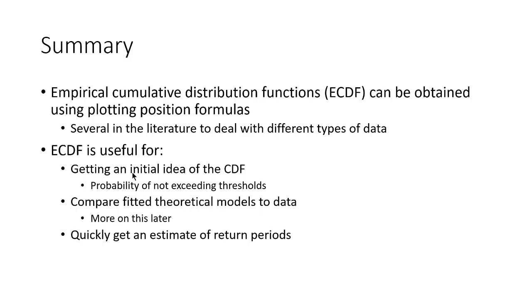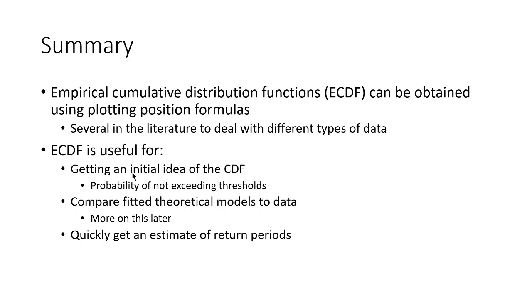So statisticians have developed theoretical distribution functions to model various types of random variables or the various types of phenomena that are represented by those random variables. So I'm going to talk about a few that are most relevant to hydrology and most commonly used in hydrology. So that's what's coming. We were initially talking about probability and saying that probability is best characterized using the probability density function or using the cumulative distribution function.